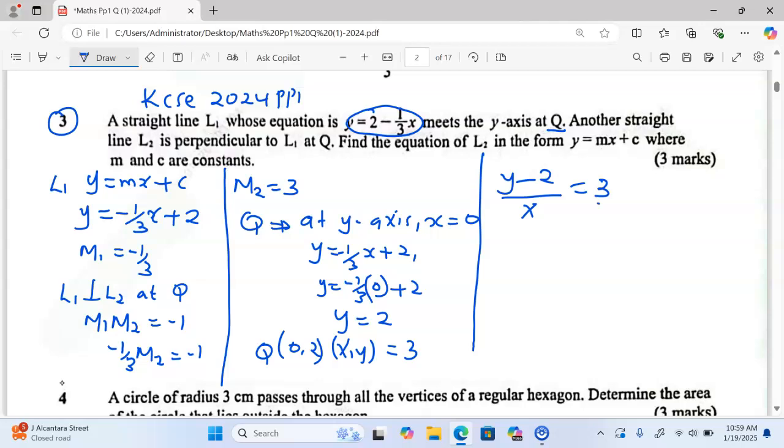We can rationalize this by putting it over 1, then we cross multiply. 1 times y minus 2 gives y minus 2, being equal to 3 times x, which is 3x. In the form of y is equal to mx plus c, minus 2 goes to the other side, and y becomes equal to 3x plus 2, and this becomes the equation of line 2.